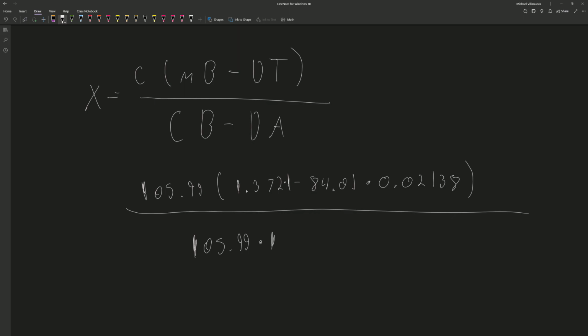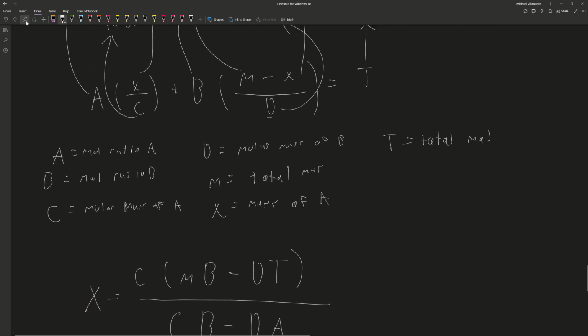We're going to multiply by 1 minus 84.01 multiplied by 2. If we punch this into the calculator, we should get a mass of 0.725. So what does that mean? 0.725 equals x.